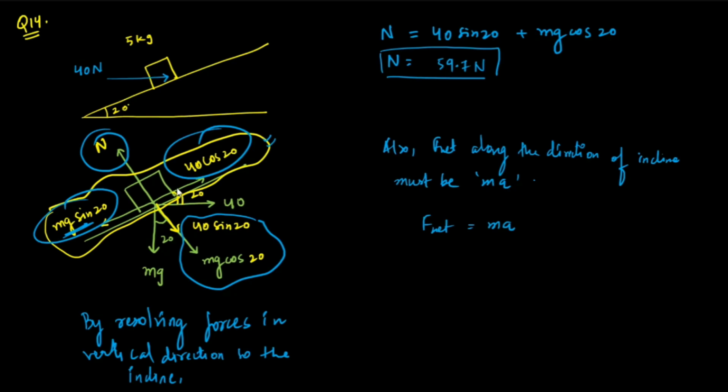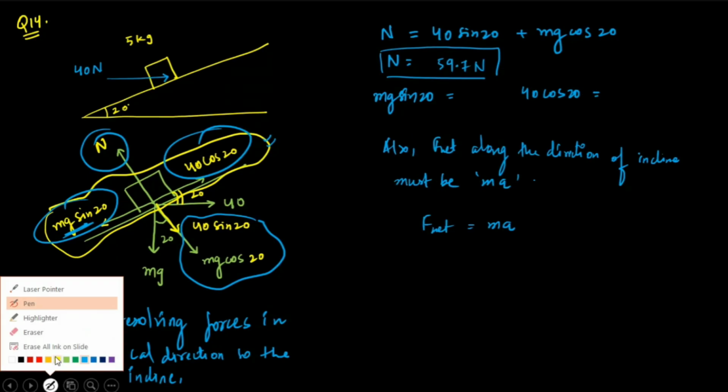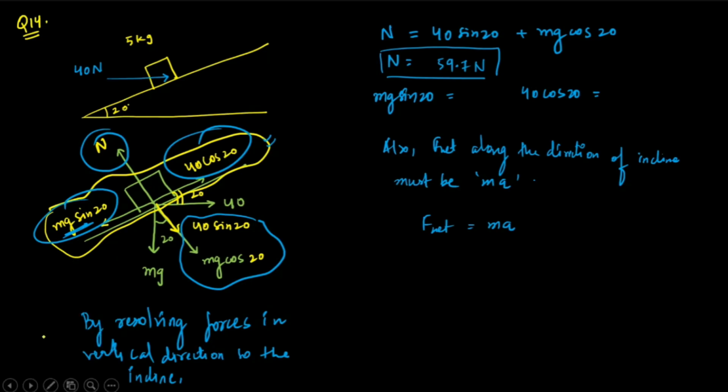mg sine 20 and 40 cos 20, which is more? Let's see. I calculate all at once. So mg sine 20 is 13.6.